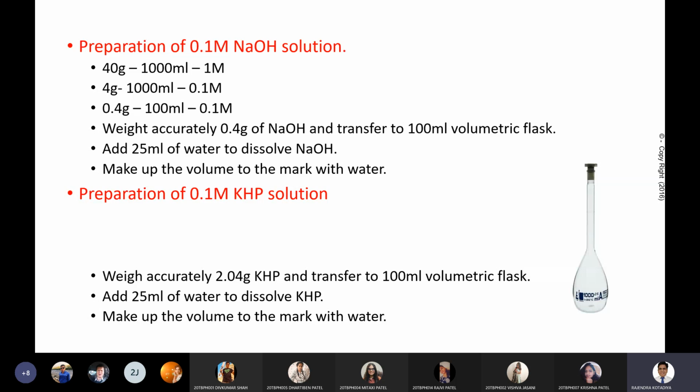Once it gets dissolved, we have to make up the volume with the help of water, up to the 100 ml mark. So that is the preparation of 100 ml of 0.1 molar NaOH solution.